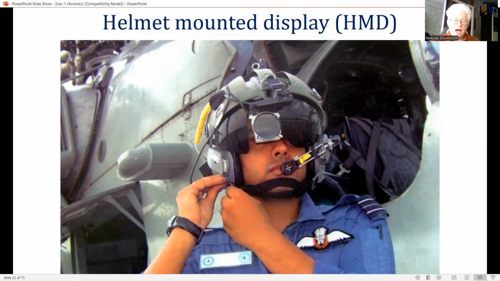This enables the pilot to designate a target to the aircraft's missiles. It also enables the pilot to be cued to look in the direction of a threat detected by the aircraft defensive aid system. Image intensification devices can also be integrated into the HMD.